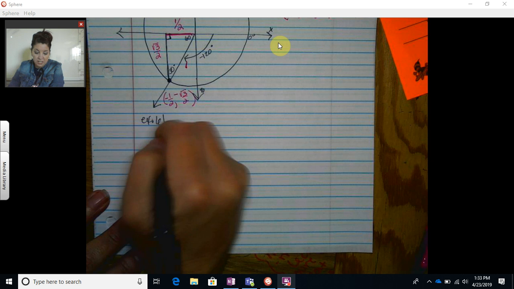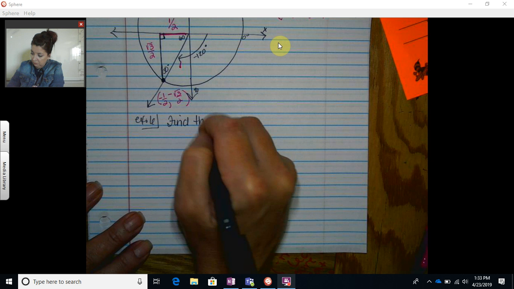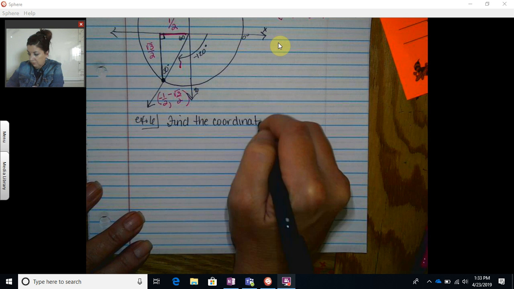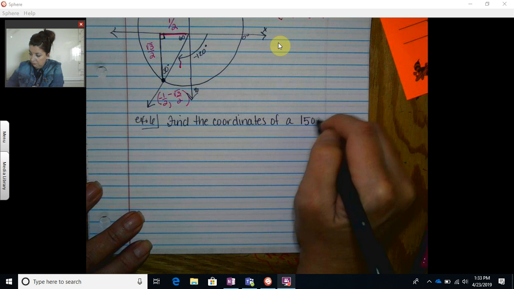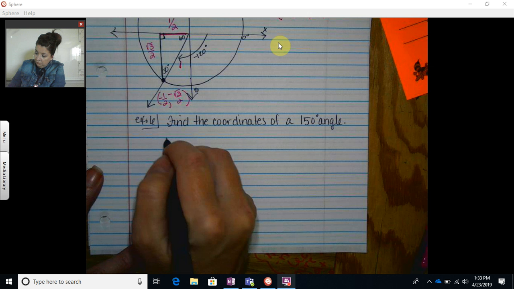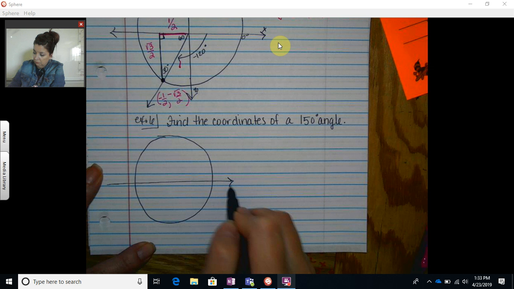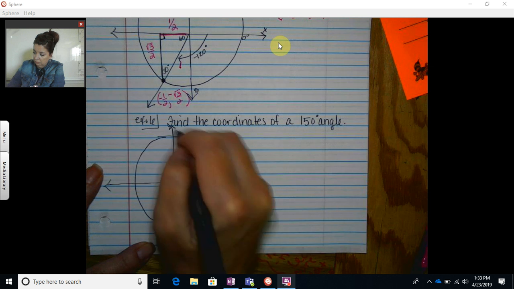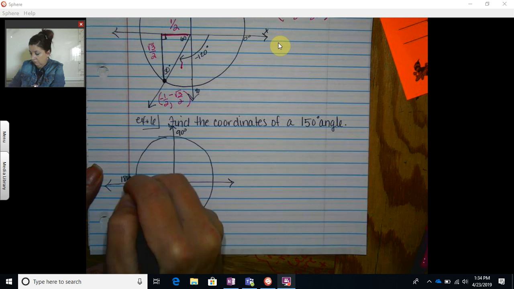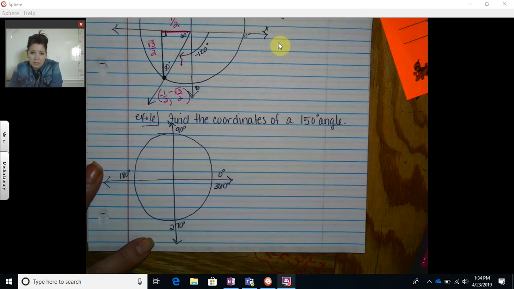Find the coordinates of a 150-degree angle. What quadrant is that angle going to be found in?